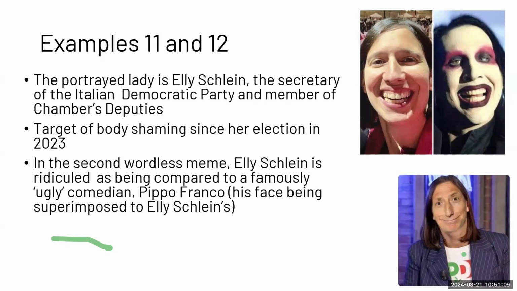And in the second meme, Elly Schlein is ridiculed by being compared to a famous comedian, Pippo Franco, and Pippo Franco made his career on the idea of exploiting his ugliness. And here you see his face superimposed.